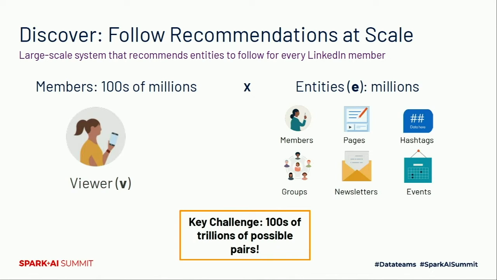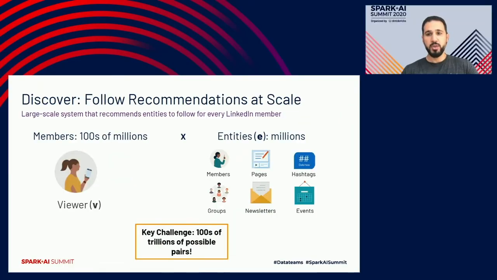Now we have hundreds of millions of members and millions of entities, so this creates a key scaling challenge. We have hundreds of trillions of possible pairs. So the follow recommendation system allows us to navigate this scale and recommend the most relevant entities for a member to follow.